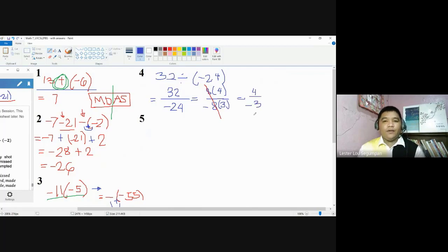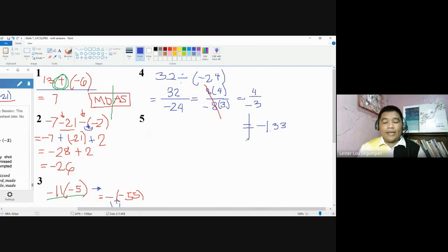Before I present to you the other answers for number 4, let me share to you again these three important rules that you need to follow. Number 1, when you talk about fractions and the result is a fraction, please do not give an answer in decimal notation. You might say the answer here is negative 1.33. But negative 1.33 is not negative 4 thirds.